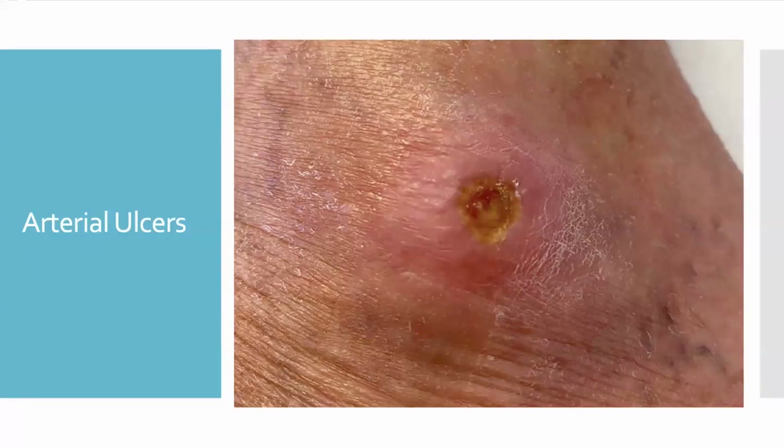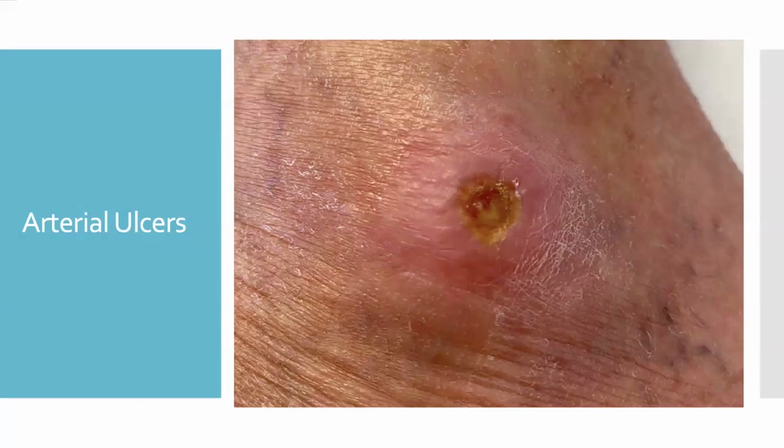Two instances where you as a provider could have some kind of intervention in terms of education with smoking cessation or in diabetic management. When you see an arterial ulcer, you think it's an arterial ulcer because of a few things. One, they're often quite painful to the extent that sometimes opioids are necessary because they are from ischemia or lack of oxygen, and ischemia hurts.